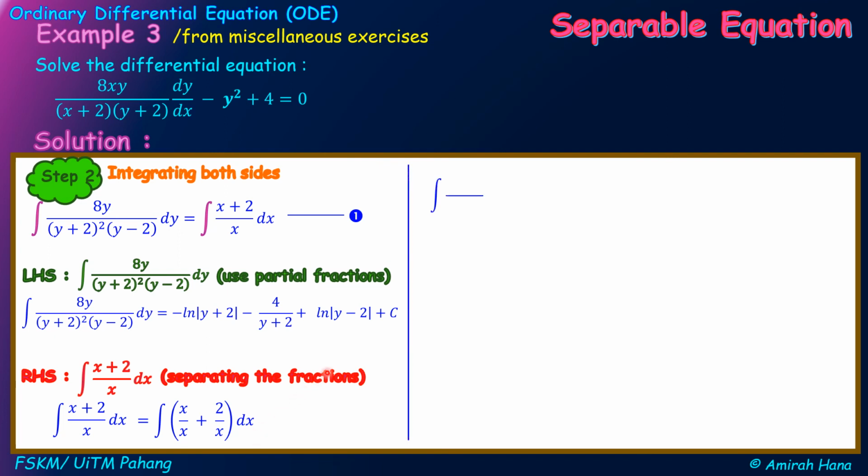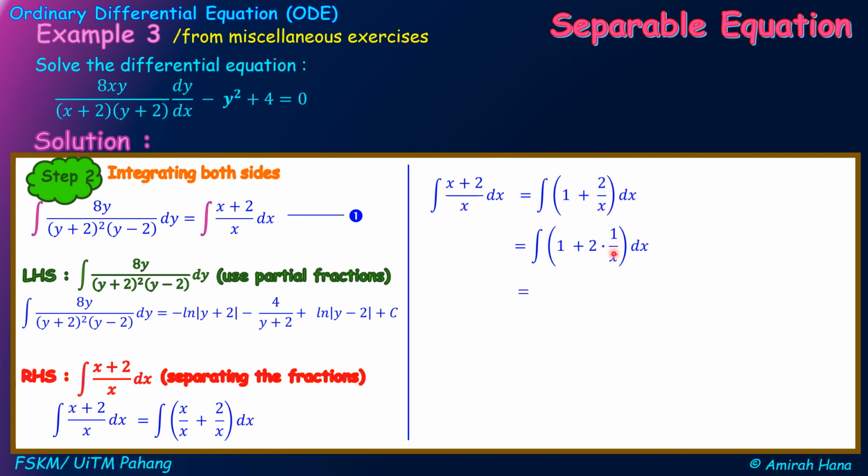And after that, we simplify. So x over x is 1, and then plus 2 over x dx.